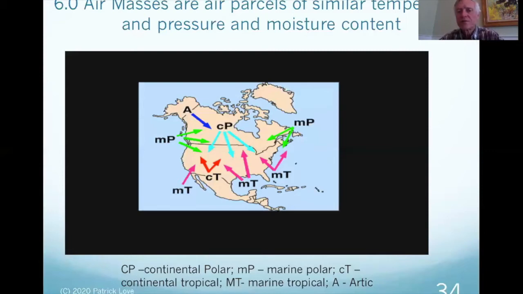You have an Arctic air mass, it's going to be very cold. You have marine polar, which means these are air masses formed over a cold part of the oceans. Marine tropical, which is likely to be moist, warm air. Continental tropical, which is likely to be dry, warm air. And these air masses get pushed around.